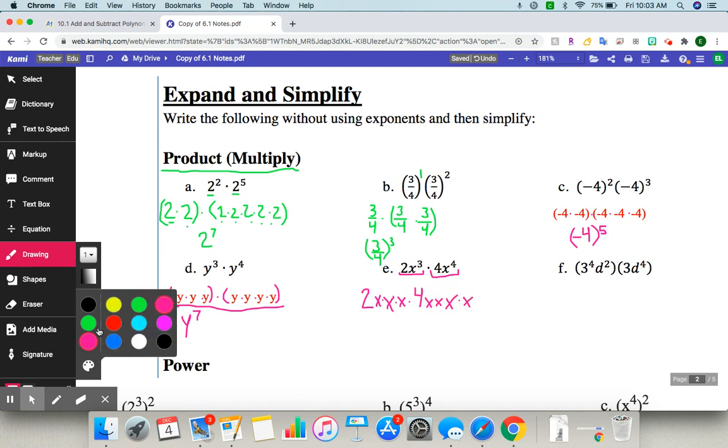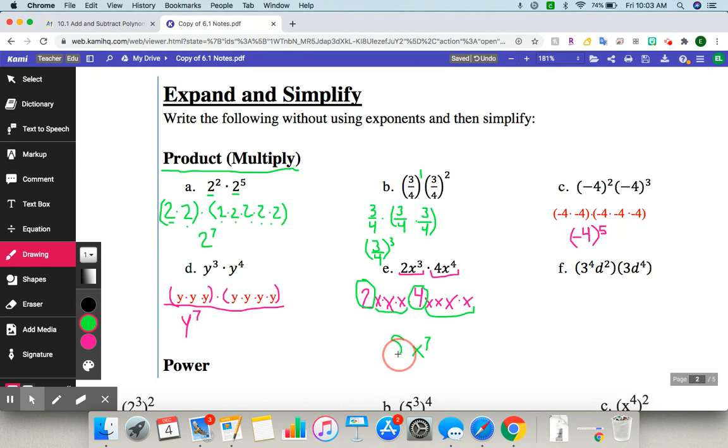So as you can see, I now have a total of 7 factors of x, making this x to the 7th. But also, I can multiply the 2 and the 4, since order of multiplication doesn't matter, and 2 times 4 just simplifies to 8.